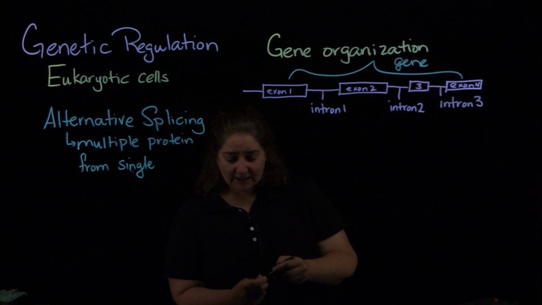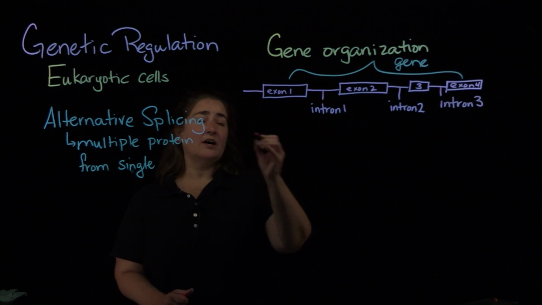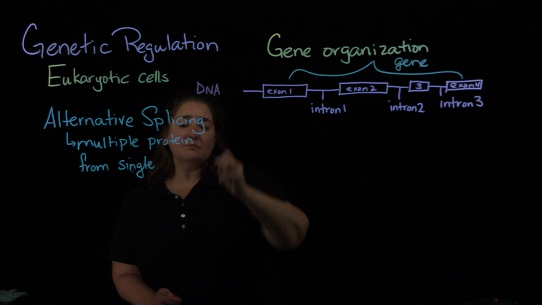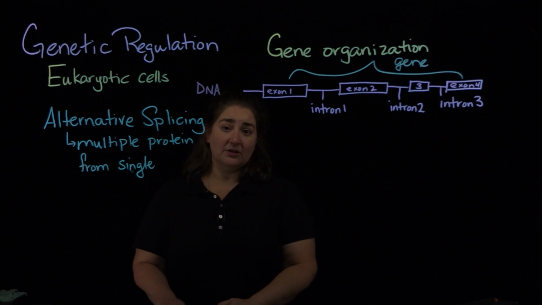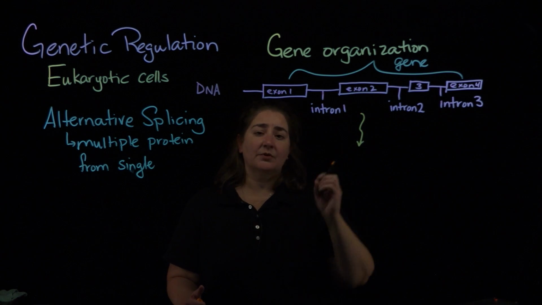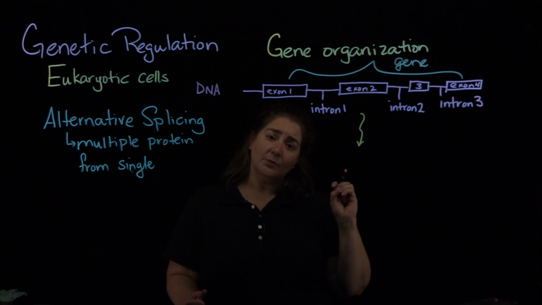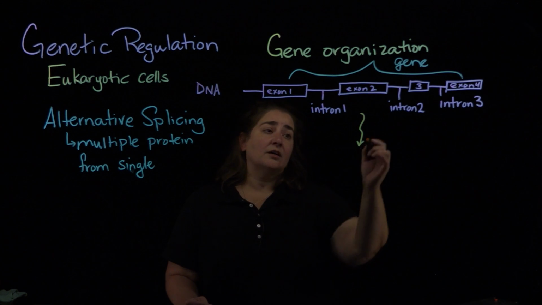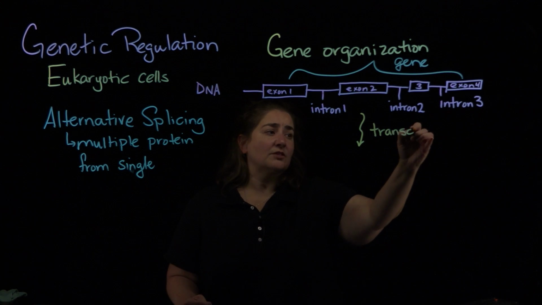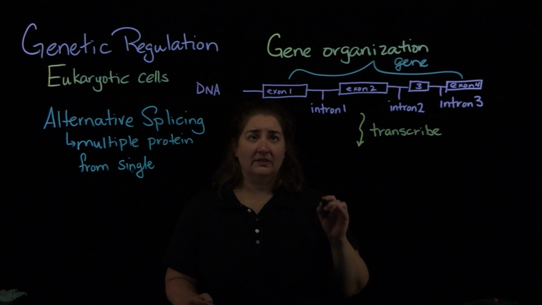So what we've got here, just so we've got our levels and what we're talking about straight, what I've got in pink here is going to be our DNA. What's going to happen? That RNA polymerase, those activator proteins, those transcription factors, are going to come in and they're going to transcribe our gene, okay?